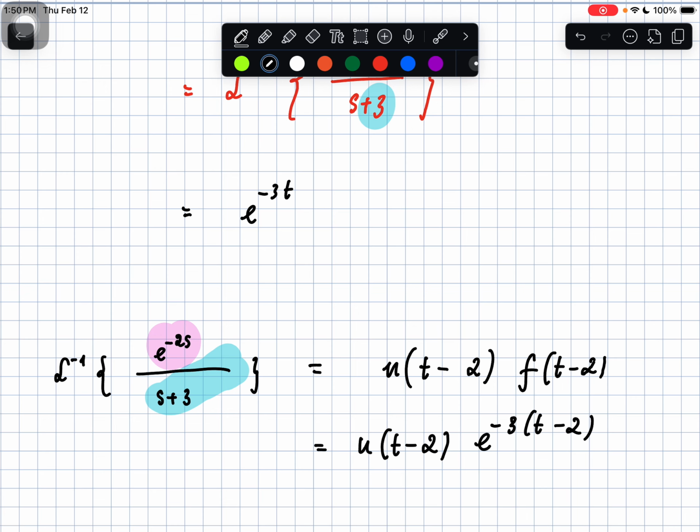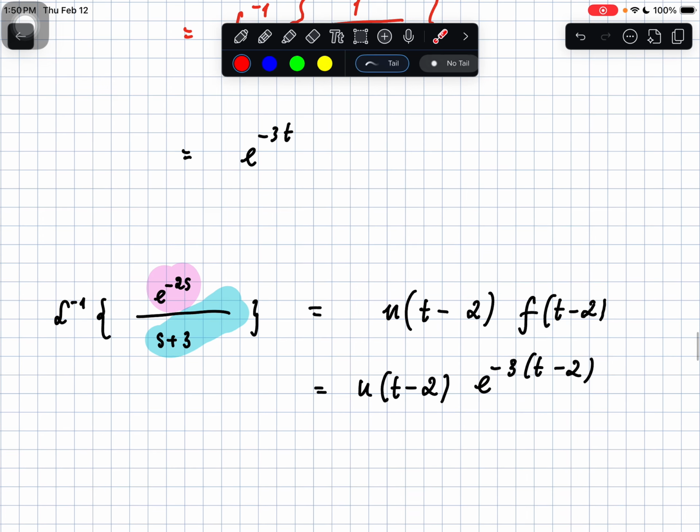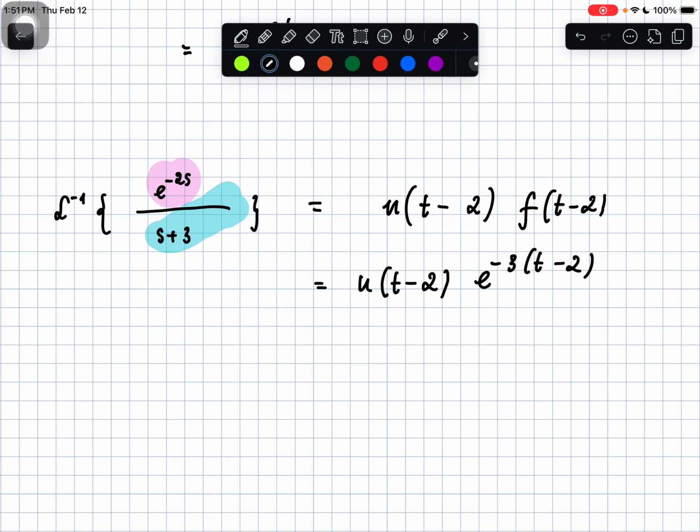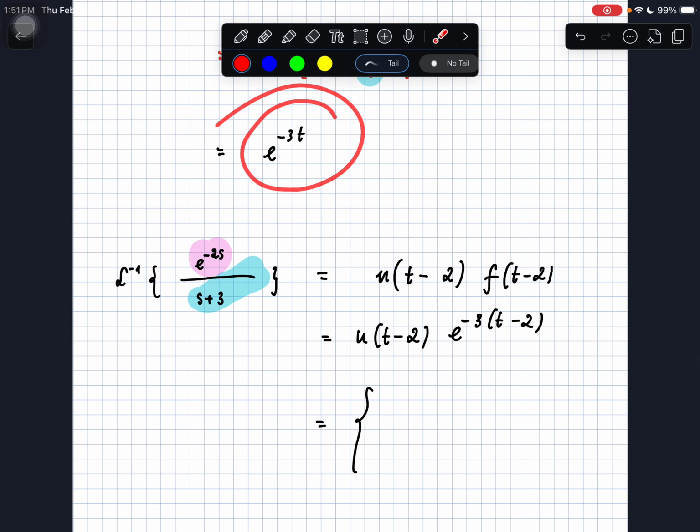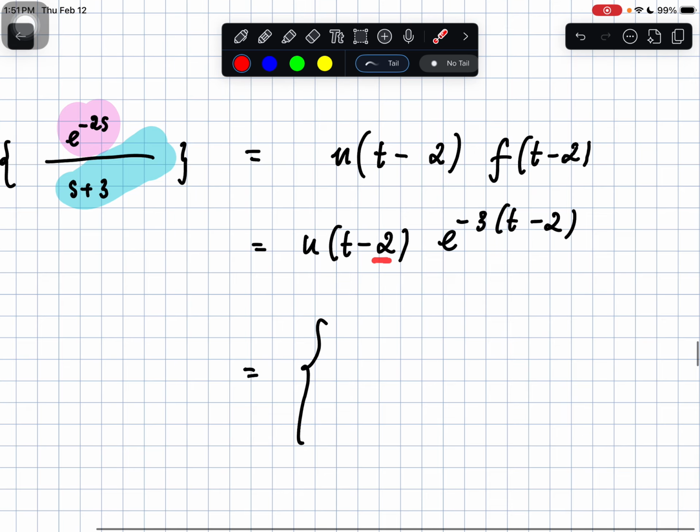Now this is the inverse Laplace of this one, and you can write it down further. The unit step function times f(t) is the function of the same shape as this one, delayed 2 units in time.